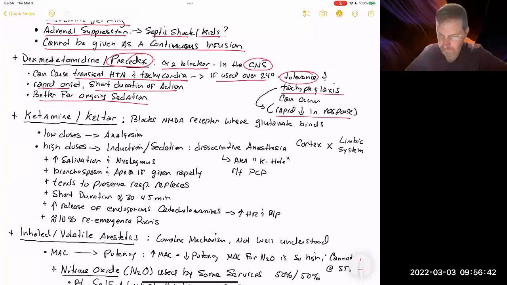Like, let's say that you are giving somebody albuterol for an asthma attack, and then a couple hours later, the albuterol is completely ineffective. They're spasming, and albuterol just doesn't do anything. That would be tachyphylaxis, right? So you have rapid development of tolerance, and a rapid decrease in the effectiveness of that drug. That can happen with dexmedetomidine.